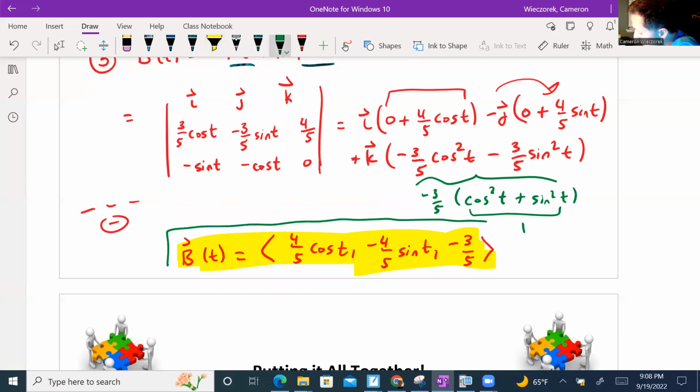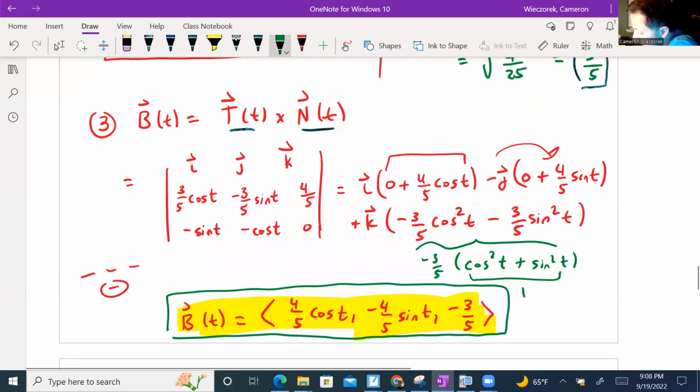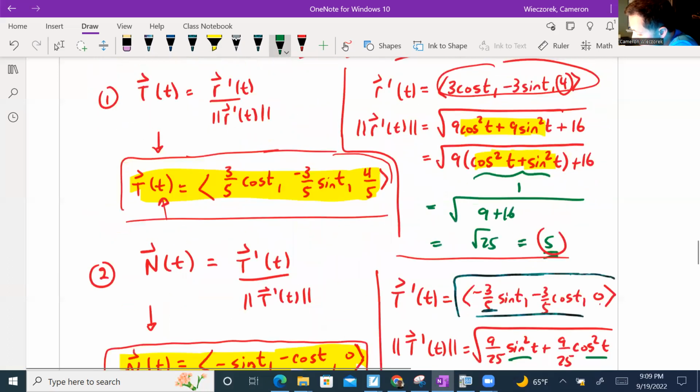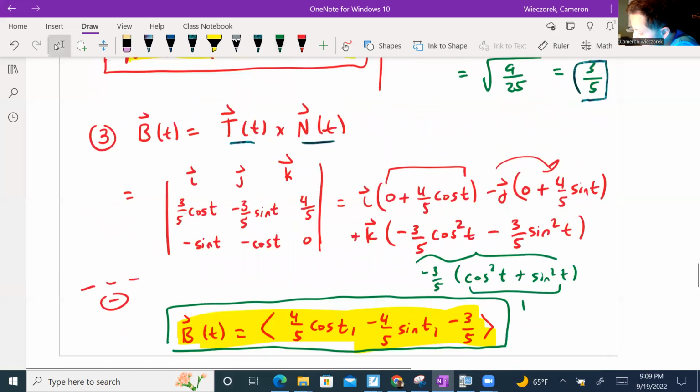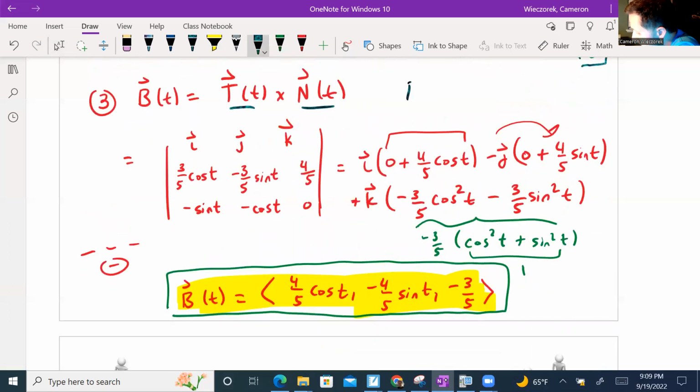Another nice thing you can do, I want to mention, this will help you tomorrow on the problem you do. Let's say you already calculated T and you already calculated N, and you wanted to find something like the binormal vector at the point pi. You don't actually have to go through the calculation with all the T's.